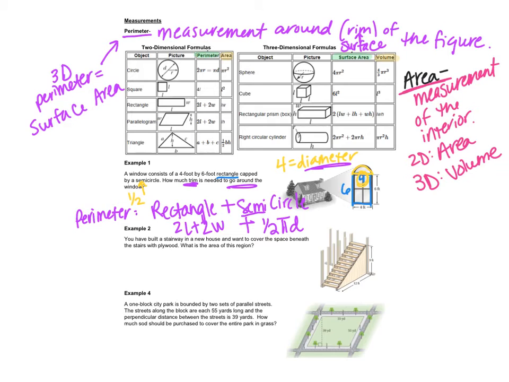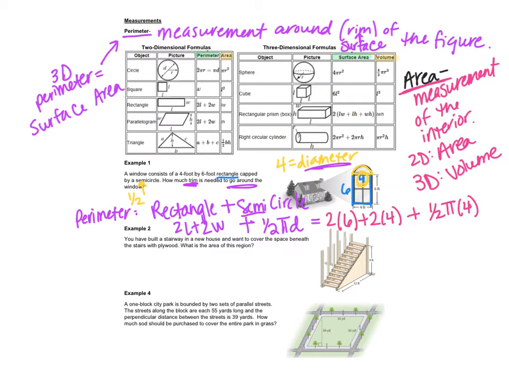All right. So now that we've got our formula, we're going to go through and plug in all of the things that we know about this. So I have 2 times my length plus 2 times my width. Then I'm going to add on to it 1/2 pi times 4.